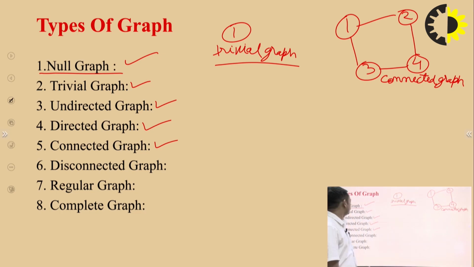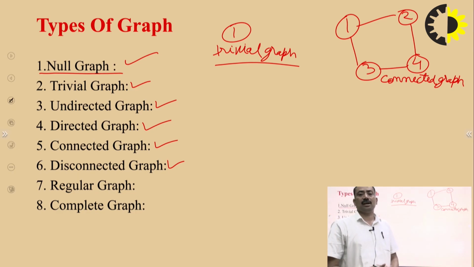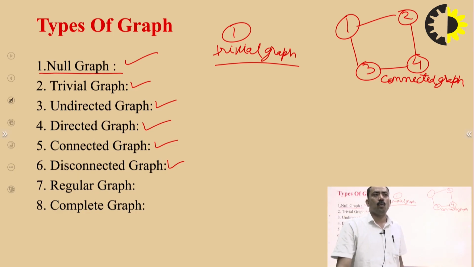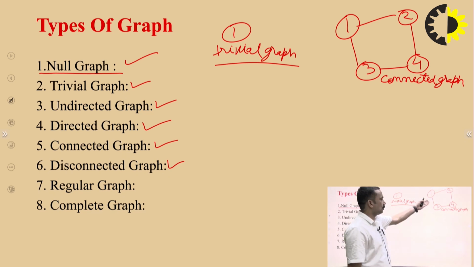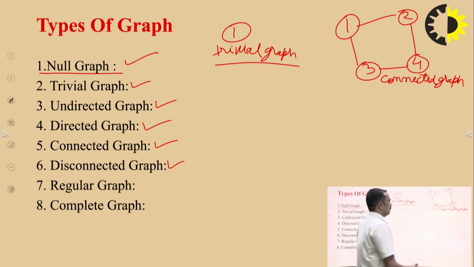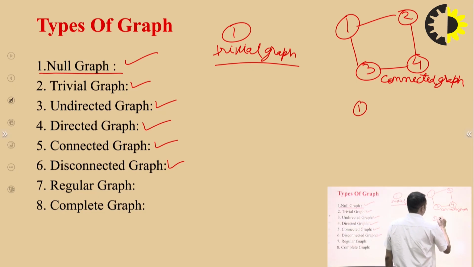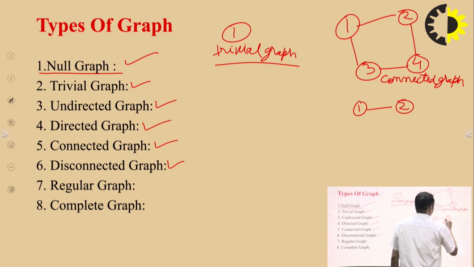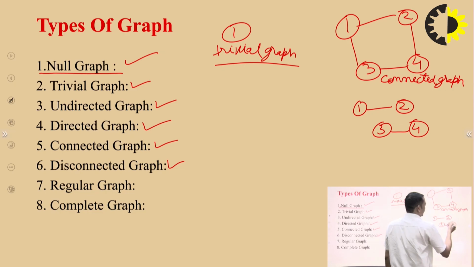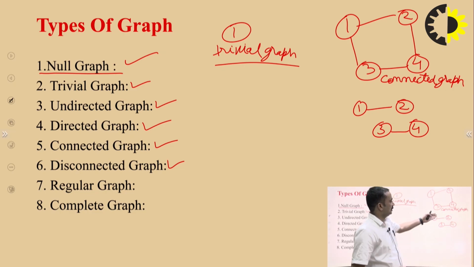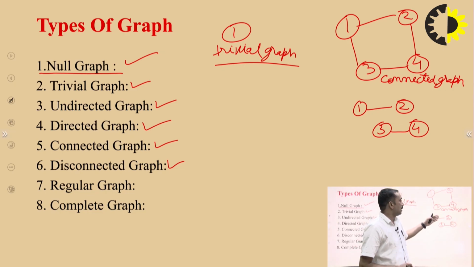Next, we have a disconnected graph. A graph in which at least one node is not reachable from a node is known as a disconnected graph. Suppose we have this graph, or we can say if we have another category of connections like this, in which these two nodes are disconnected from these two nodes.